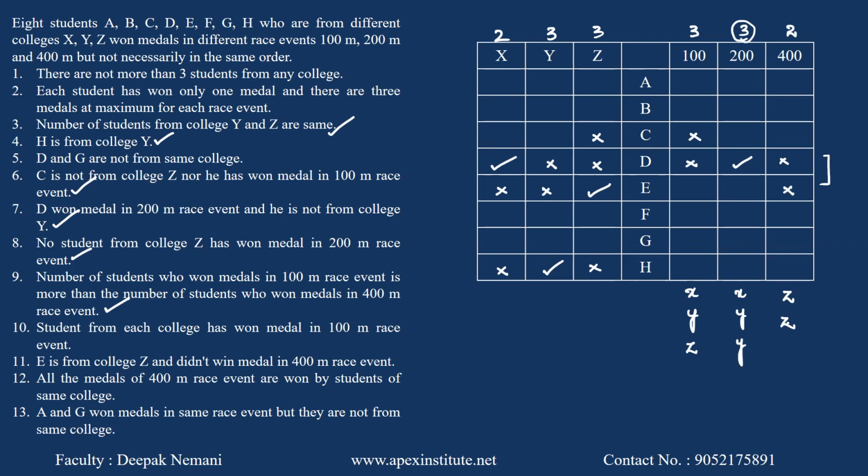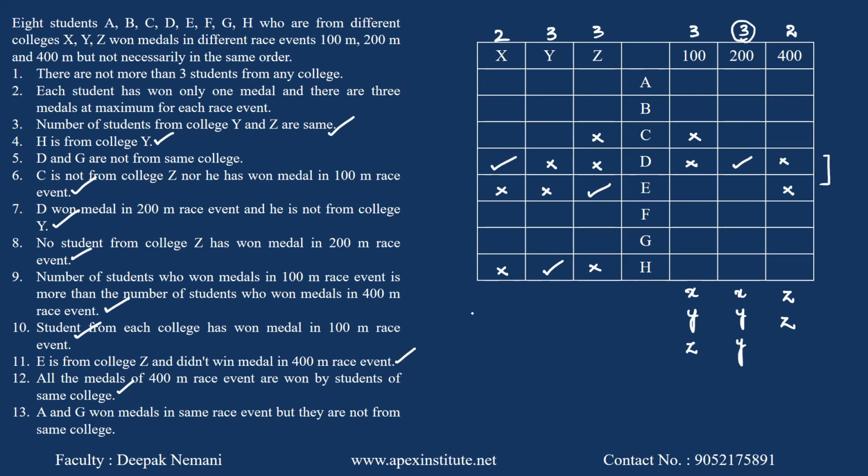Now this is my understanding from this statement. Now we have considered this. Now all the medals of the 400 meters race event were won by students of the same college. Perfect. Now A and G won medals in the same race event, but they are not from the same college.